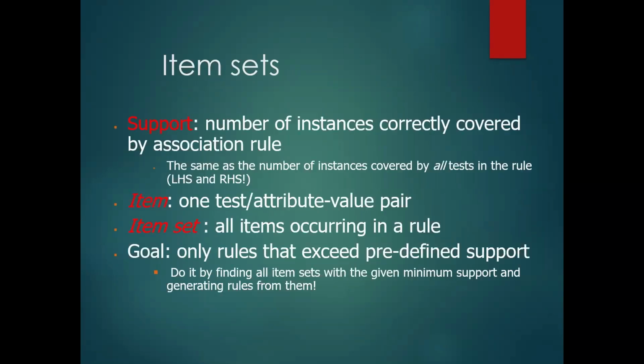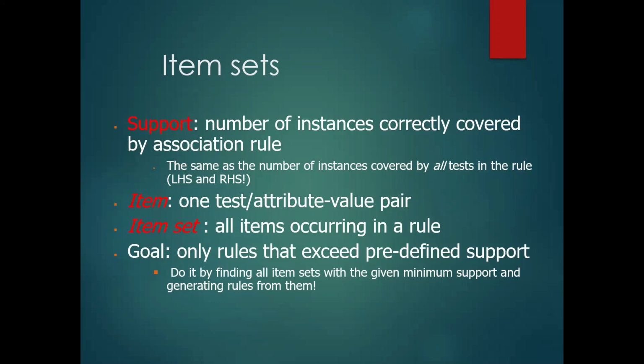Right. So there are three things that we are going to discuss before we discuss how this works. First one is called support. What support means is, when you create a set of rules, how many instances they cover. So that is called support.